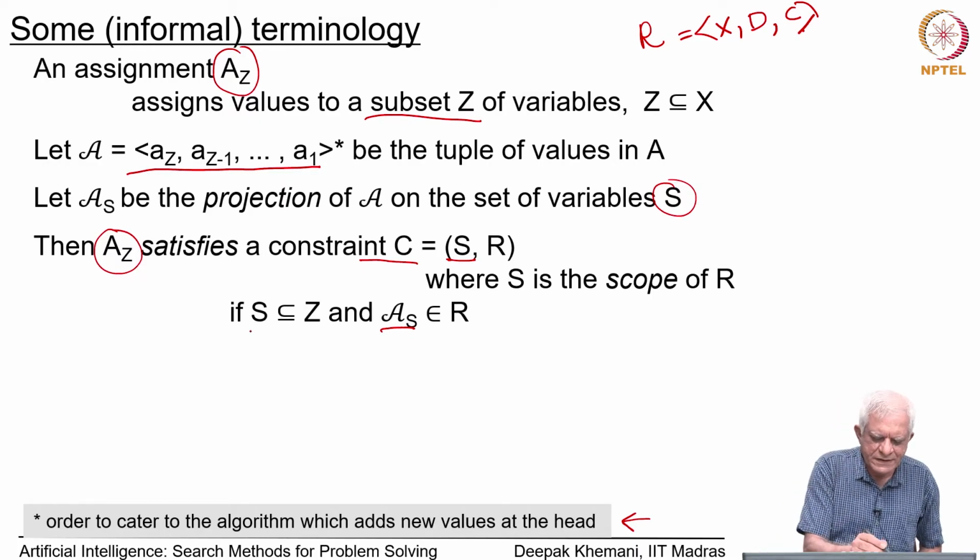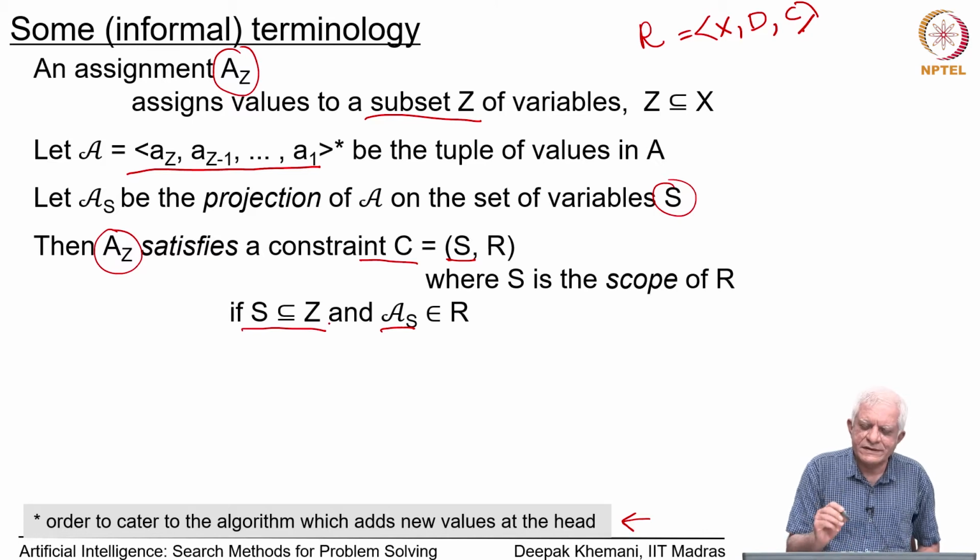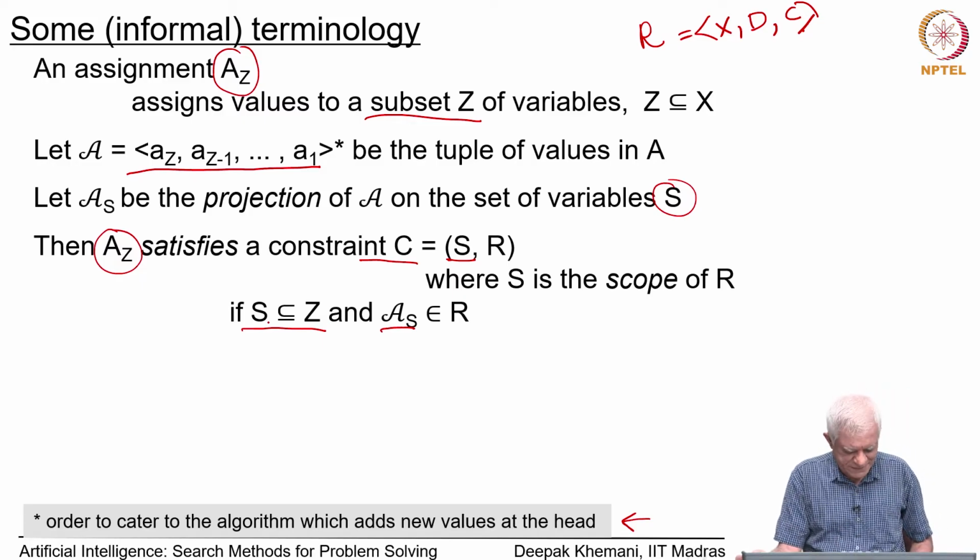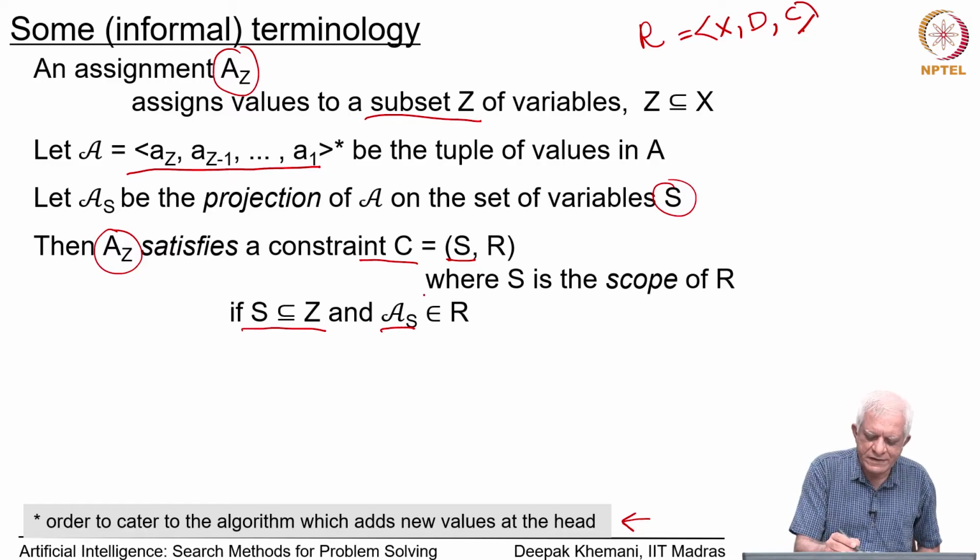The other condition is that the assignment must cover the scope of the constraint, or in other words, the scope of the constraint must be a subset of Z essentially. So, that tells us what we mean by satisfies. An assignment satisfies the constraint if the projection of the assignment is in the relation for that constraint.